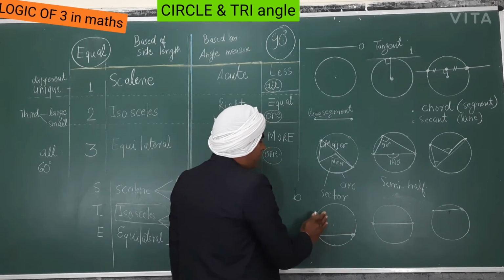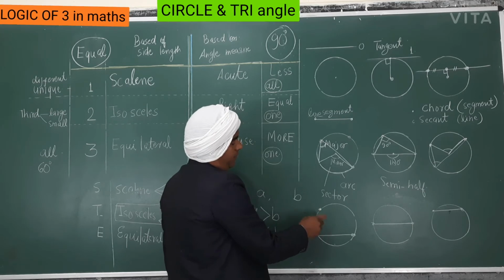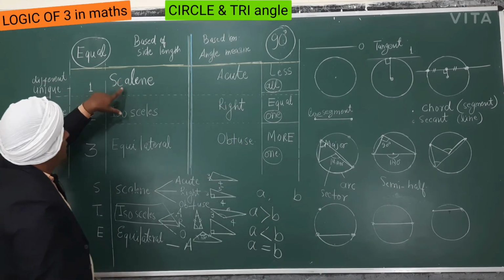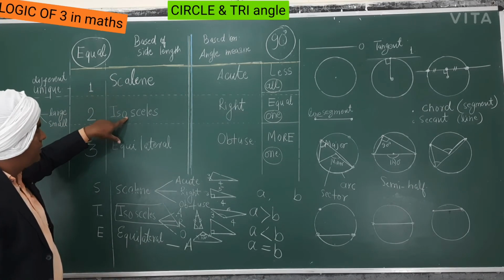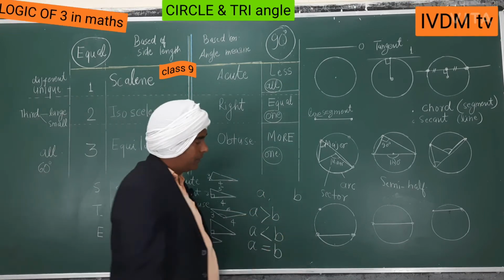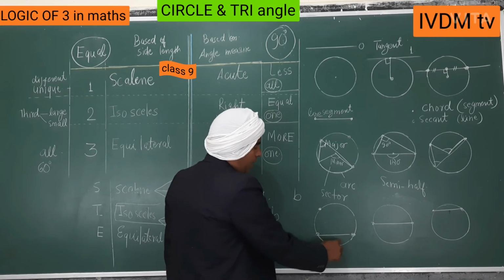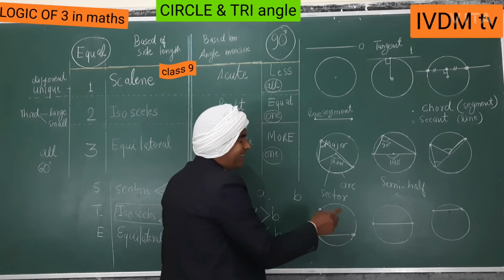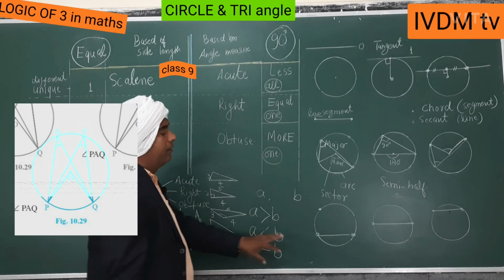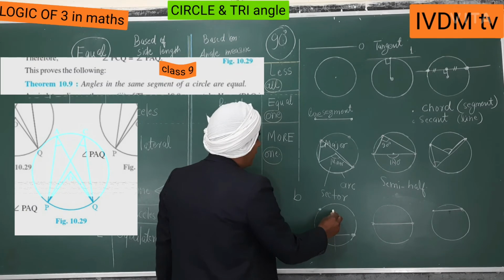So the first important thing: if you take any one point on the circle and join it, you may have all types of triangles, scalene, isosceles, equilateral also. Equilateral is very special. For the equilateral, you have to divide the circumference into 3 equal parts. Then you will have an equilateral triangle. All types of triangles can be formed.